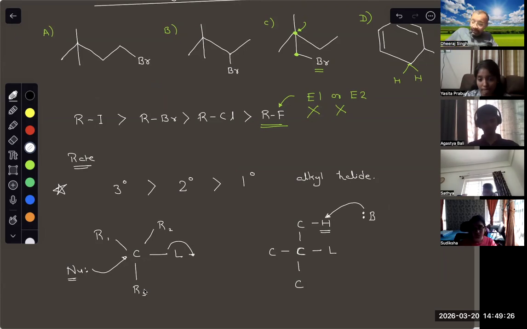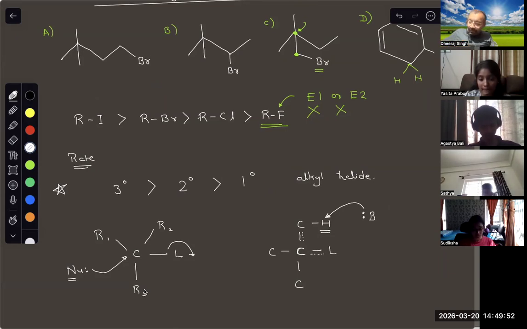Right? And then this bond is getting broken, and maybe this bond is getting formed. So hyperconjugation is getting created. Since it is a 3 degree carbon, it can stabilize this intermediate that gets formed in a better way. So crowding doesn't affect it so much.